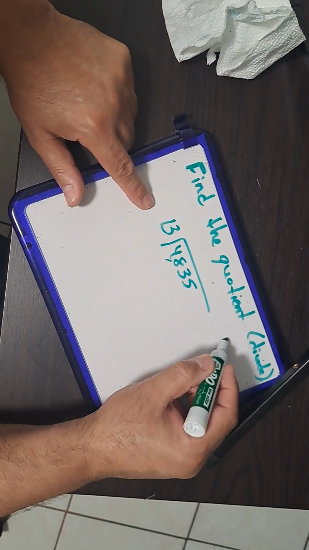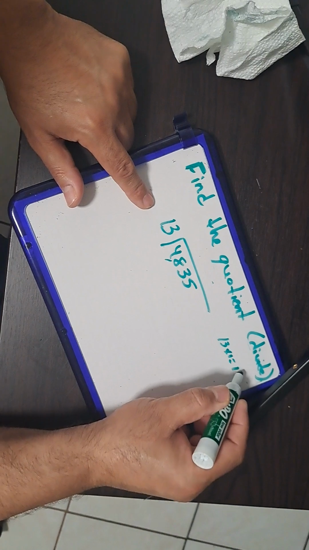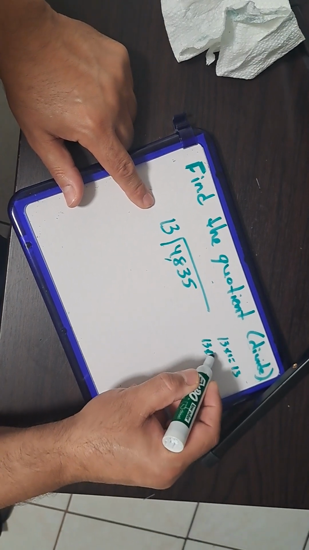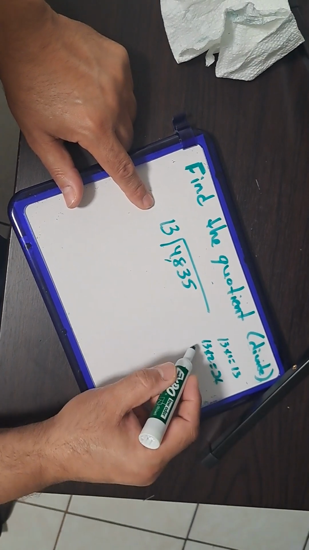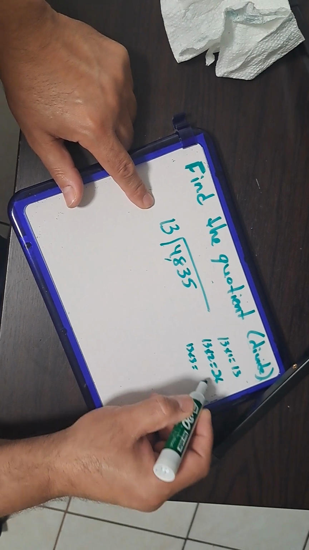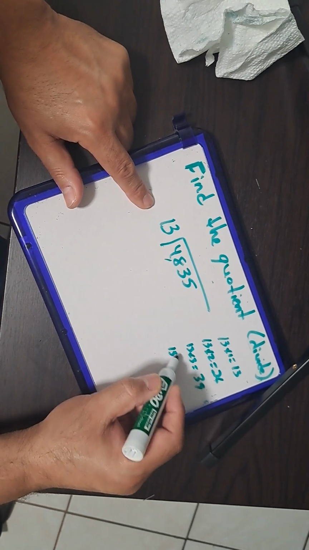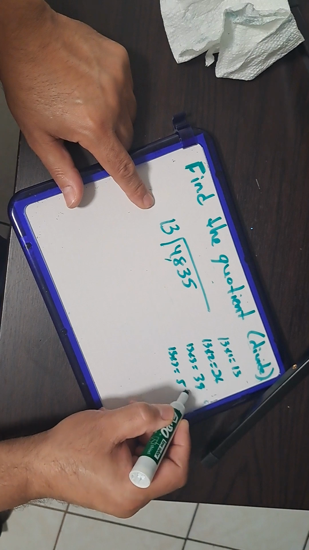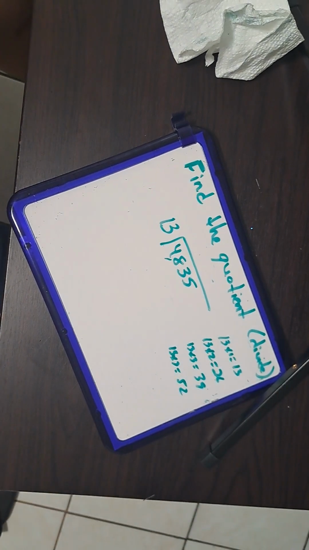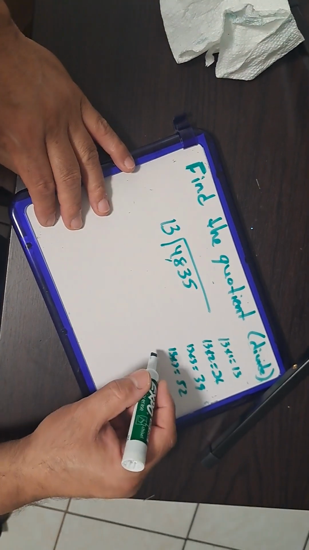Let's say you have 13 times 1, that's 13, times 2, that's 26, times 3, that's 39, that'll be 52, and then go on, right? So you can just double check.